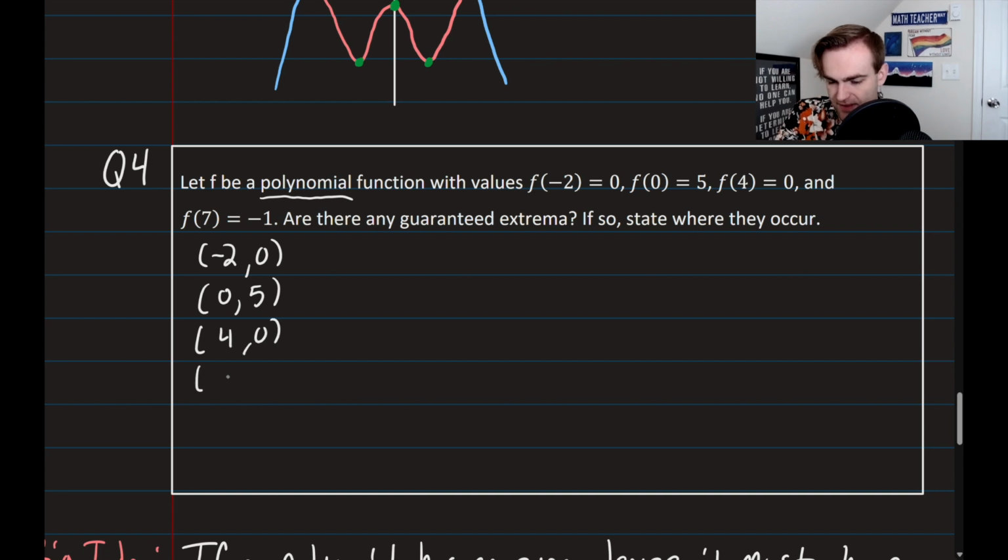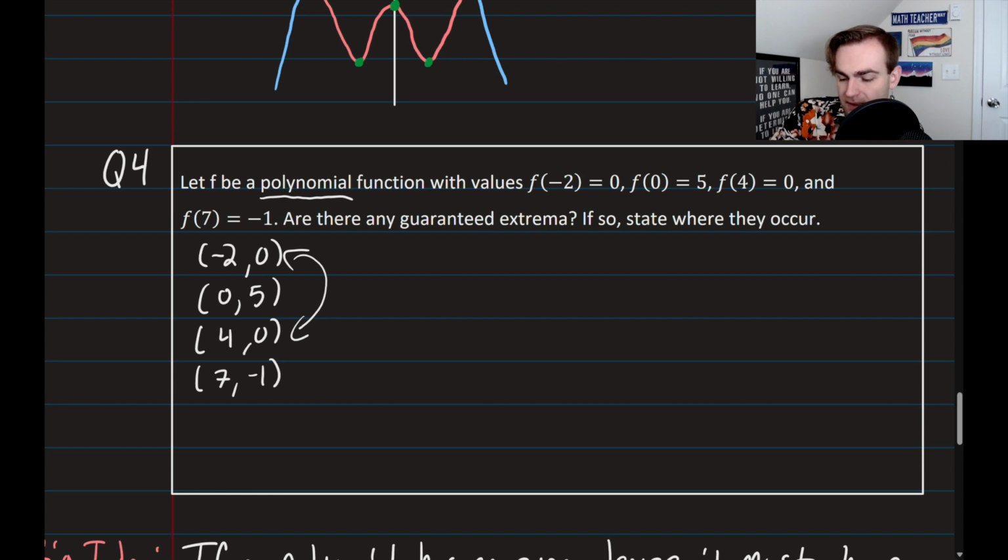And we have (7, -1). So do we have any of the same values? This is y values occurring anytime between these. And we do. We have a 0 here and a 0 here, which we can see on the right-hand side of our points. So there has to be a guaranteed extrema between those.